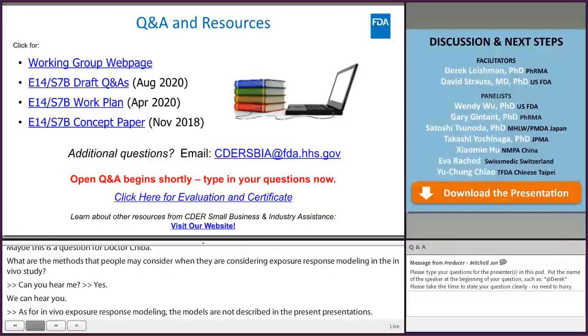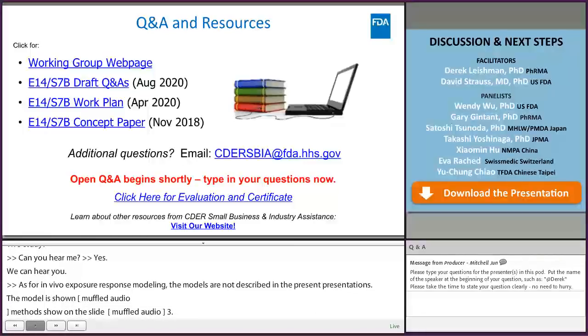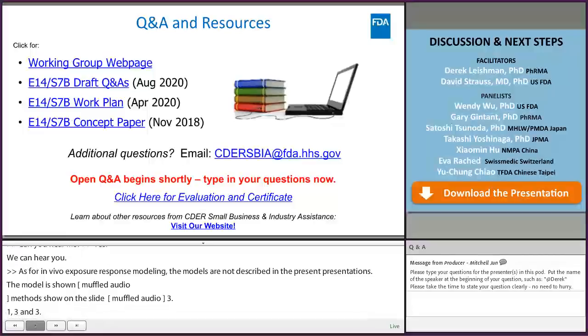The key points are stated in today's question and answer 3.1, 3.2, and 3.3. Adequate ECG monitoring and blood sampling for the exposure response modeling could be done by using conscious, freely moving, telemetrized animal models.